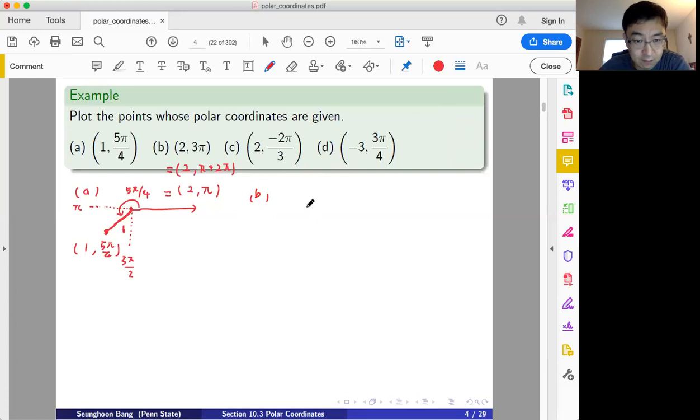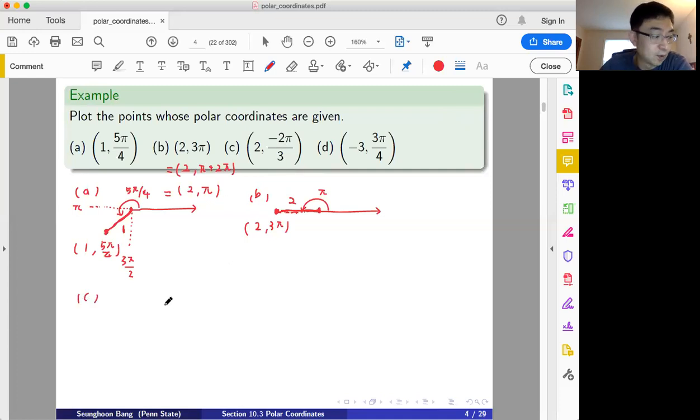We have this one. What's the angle? The angle is just pi here. The length is 2. Suppose this length is 2. So this point is (2, 3 pi). This is the idea.